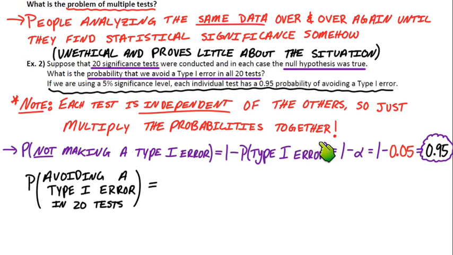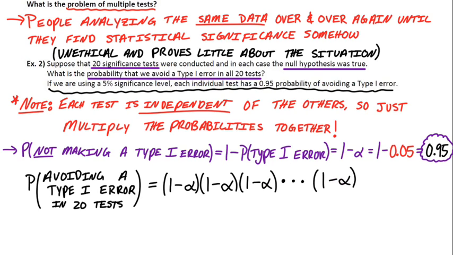But that's really just looking at one individual significance test. Now we have to apply that logic to 20 of these tests. So we have to do 1 minus alpha for not making a type 1 error on the first test, and then times the second test, and then the third test, and so on and so forth. We're going to do it for 20 tests. So remember, alpha is the probability we make a type 1 error, and we're trying to avoid it in 20 tests. So 1 minus alpha times 1 minus alpha 20 times.